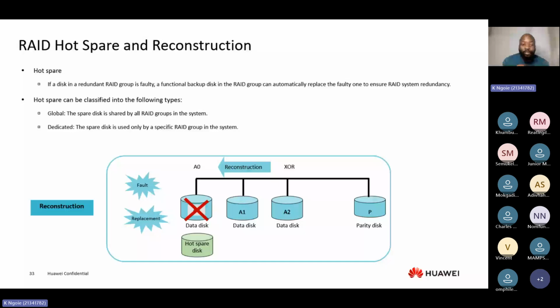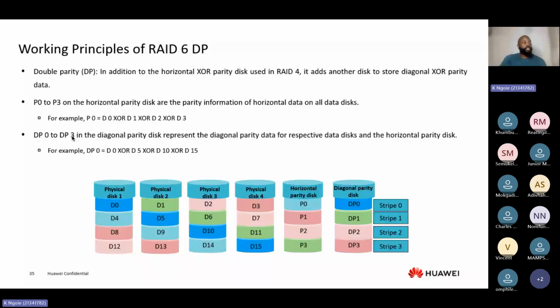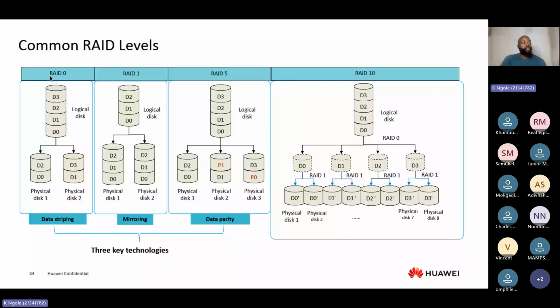So mirroring means that when we have this group of disks here, let me go here so you can see properly. Let's say you are using the RAID 0 here. So in this system, this is what you have as your logical disk.